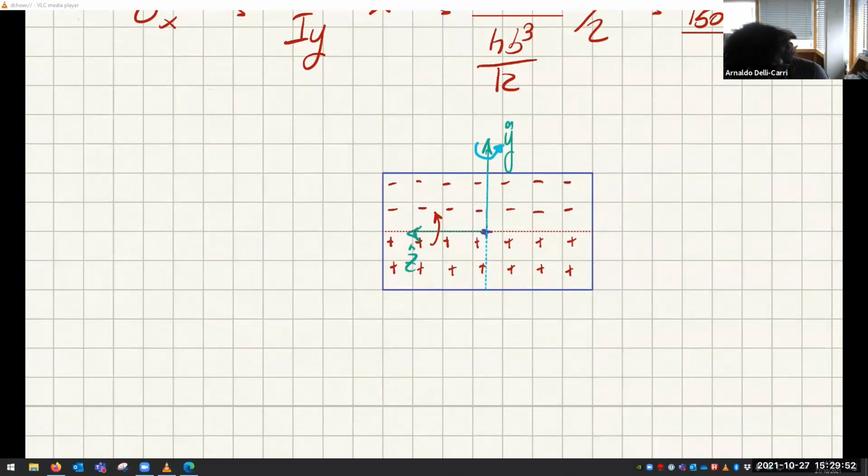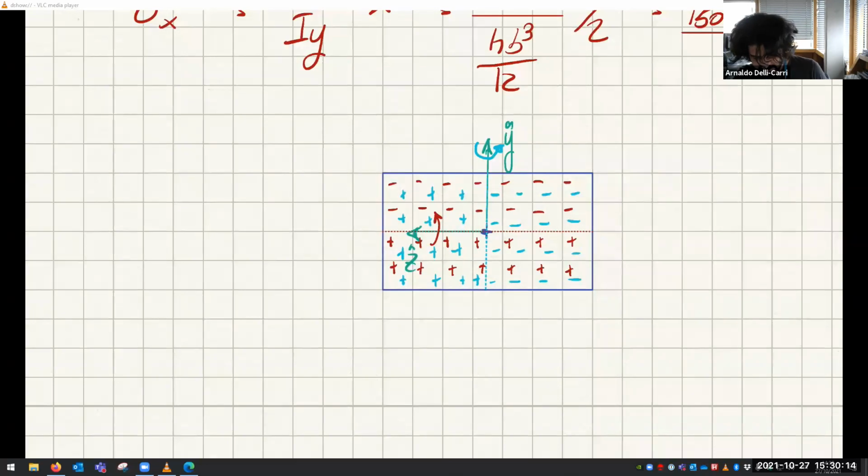And I have negative all here, so compression on the right. And tension on the left.